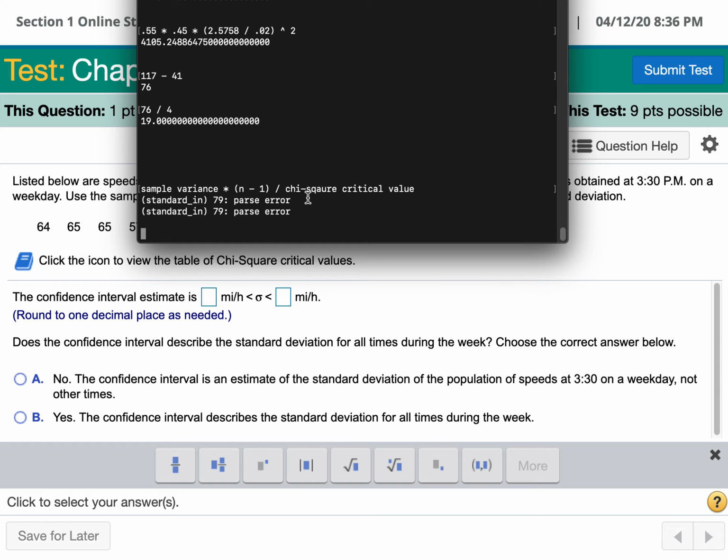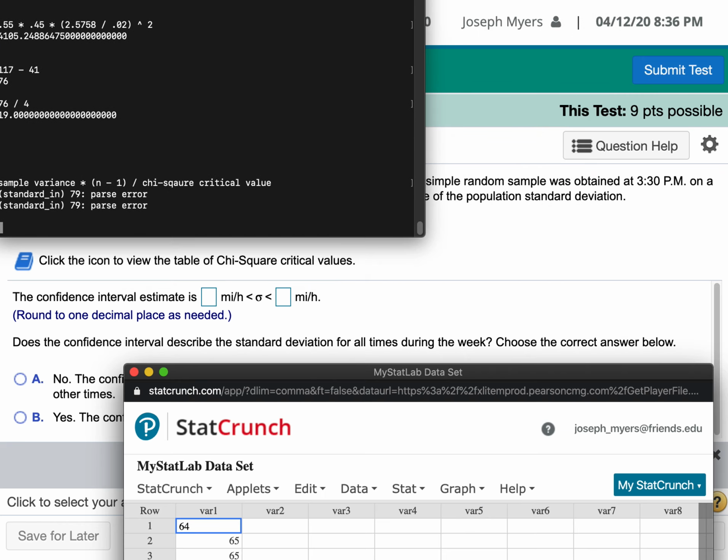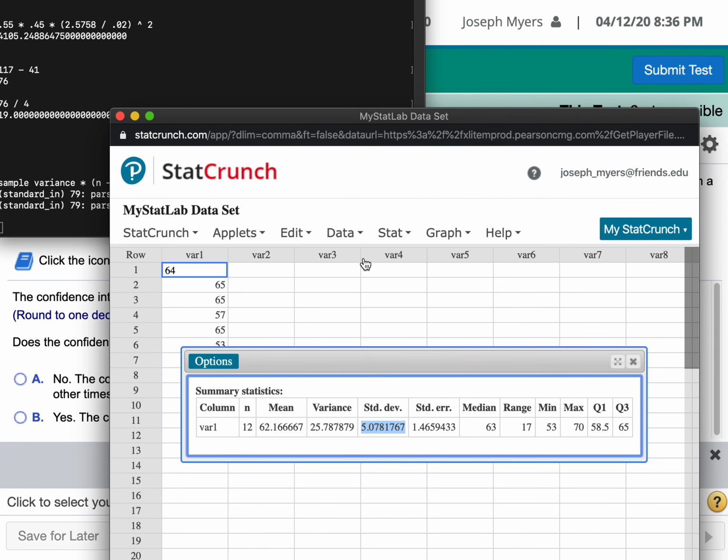It said parse error because I wasn't typing an actual equation, I was just making a note. The sample variance is right here.